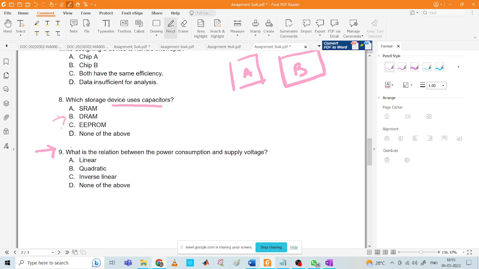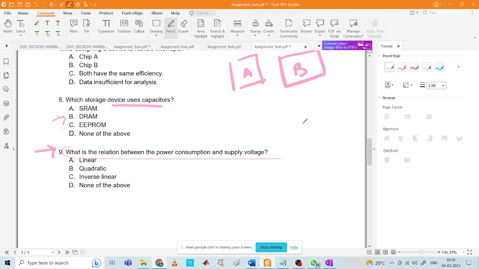So what is the relation between power consumption and supply voltage? Quadratic. Why? What will be the equation?